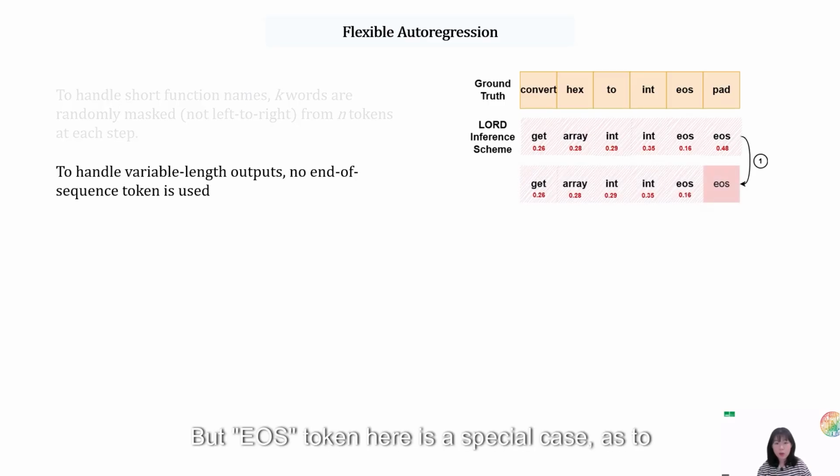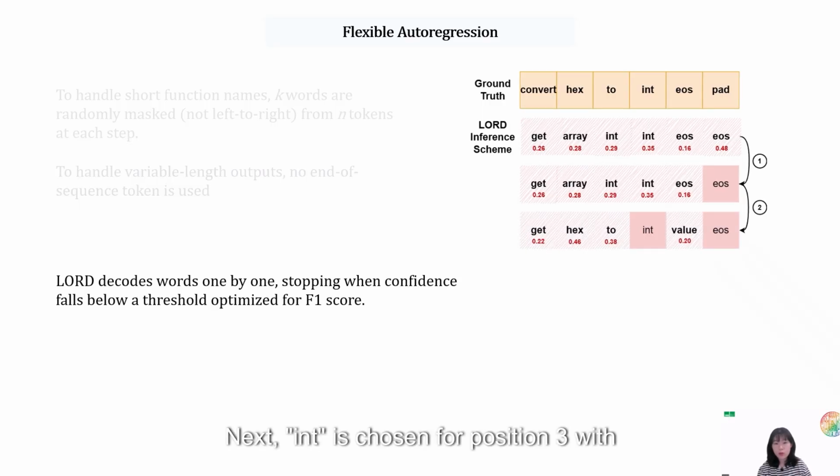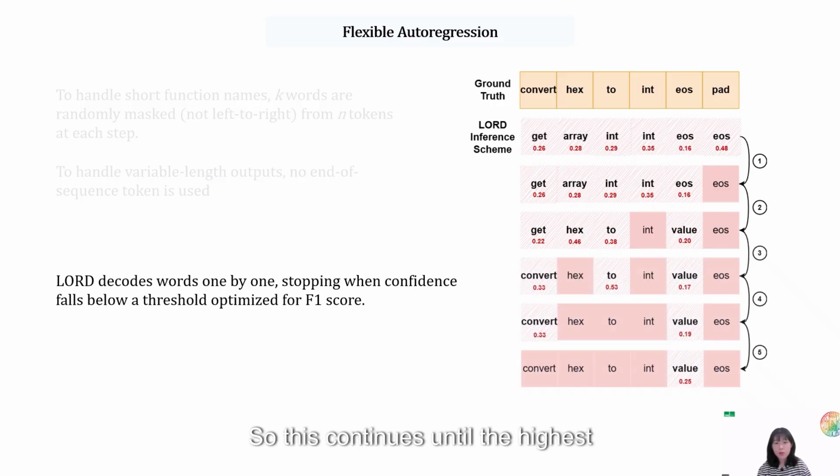But the EOS token here is a special case, as to handle variable length outputs, no EOS token is actually used later. Next, int is chosen for position 3 with 0.35 confidence, then hex for position 1, and so on. So this continues until the highest remaining confidence falls below a preset threshold, which is optimized for F1 score on the validation set.